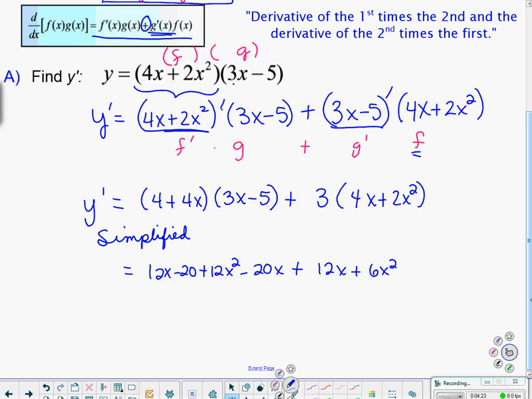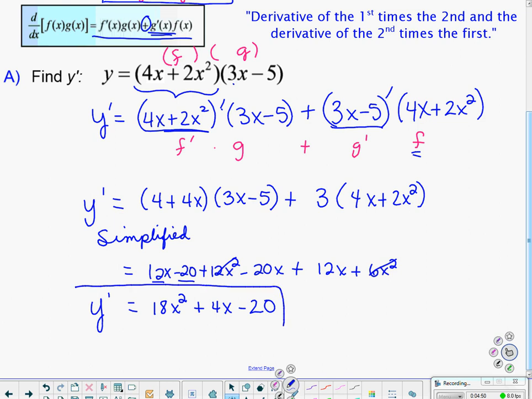Now this should probably boil down to 3 different terms. The x squared terms, 18x squared. Got those covered. And we've got 12x, that's 24x, 24x minus 20x, so a positive 4x. And then the only constant term was the minus 20. There is the product rule.